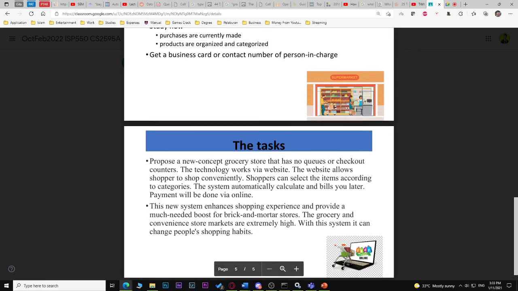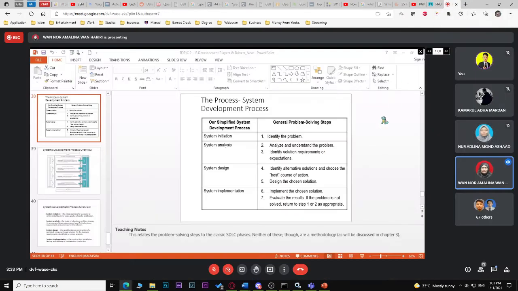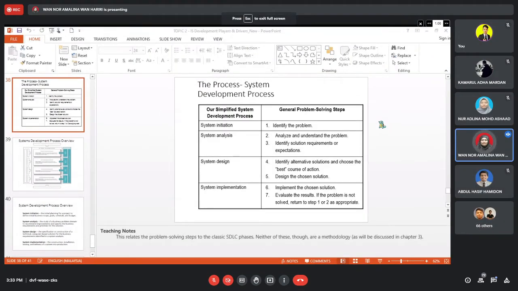Okay, yes, online grocery. In the sense that now, if you want to buy things, customers have to go physically to the shop, which we call brick and mortar.